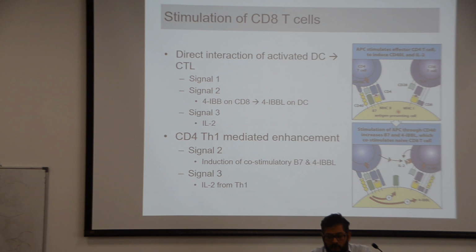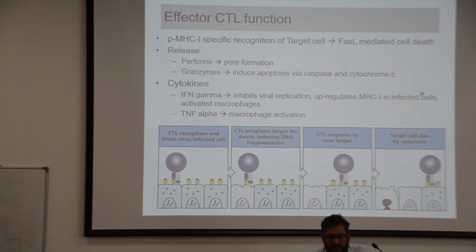The moment the CD4 T cell engages the MHC2 on the antigen presenting cell while it is next to a CD8 T cell, it starts releasing interleukin 2 that is so important for the cytotoxic CD8 T cell expansion. Okay, is this clear? So this over here is now the effector function. Now, what happens to the cytotoxic CD8 T cell in terms of its effector functionality?